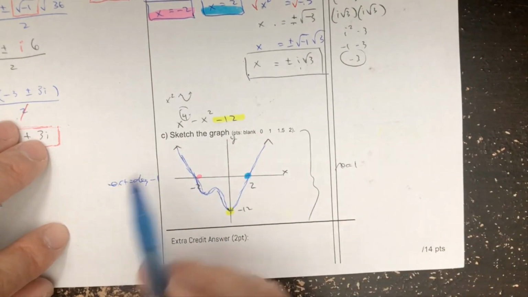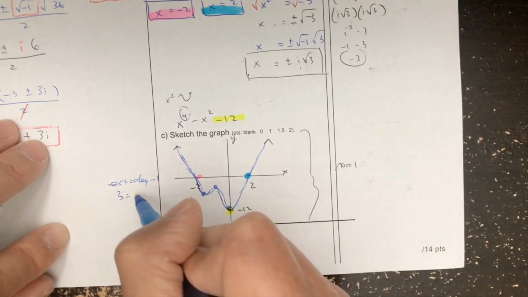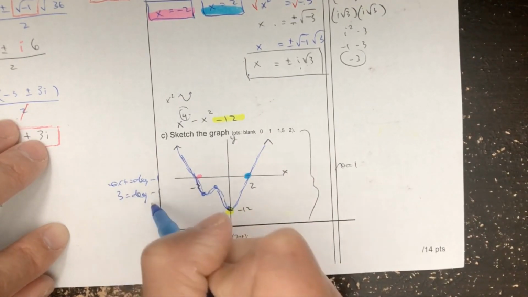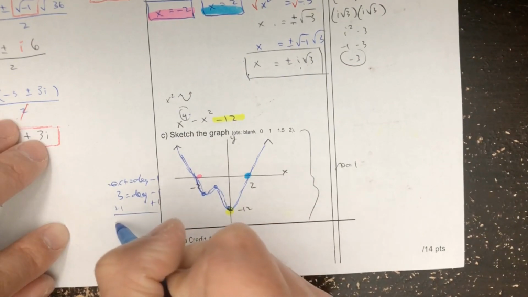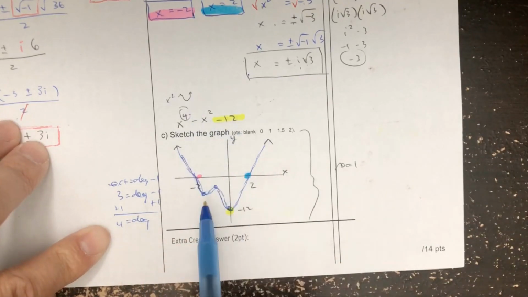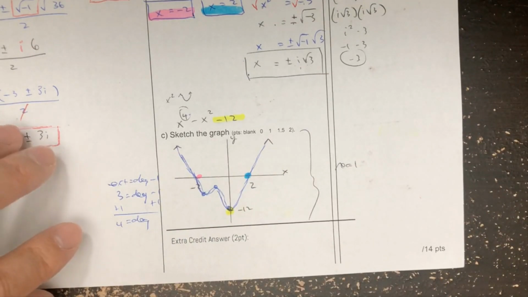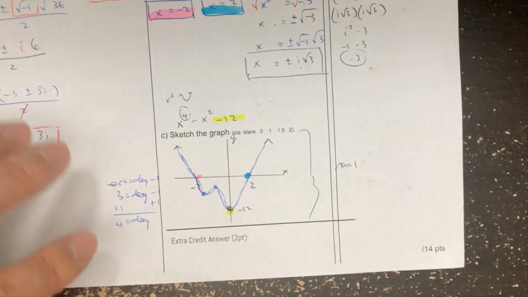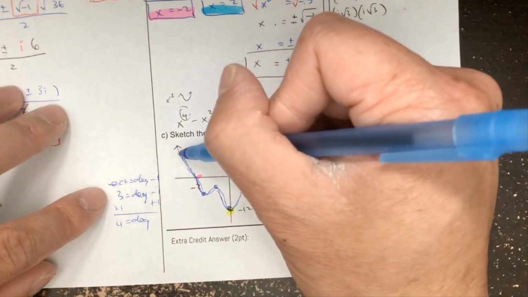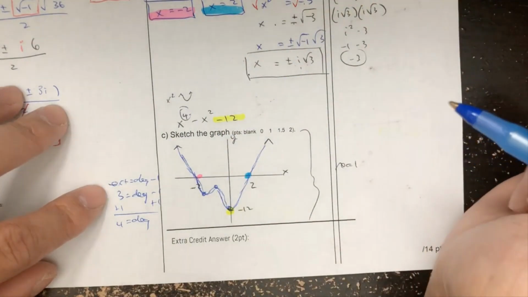So if I have 1, 2, 3 extrema and you add 1 here, you get a 4th degree polynomial. So that basically is telling us in a 4th degree polynomial you have to have 1 less for the extrema. So if I just went here and did a quadratic, I wouldn't have enough extrema. And then that's how you graph it, looks something like this. Doesn't look exactly, but it's a W, and you should have 3 turning points.